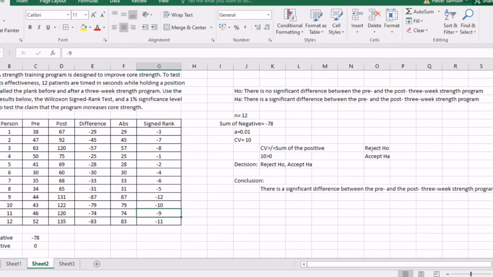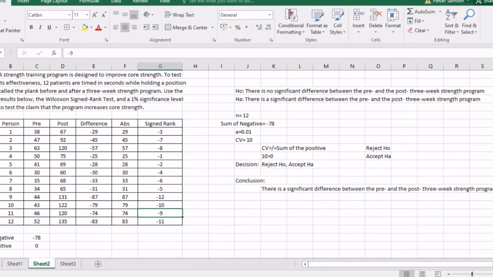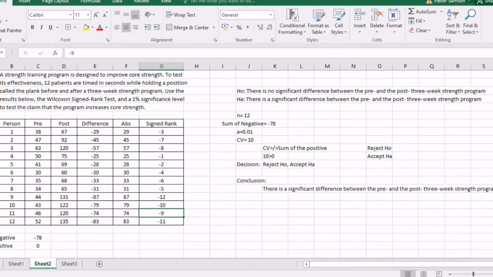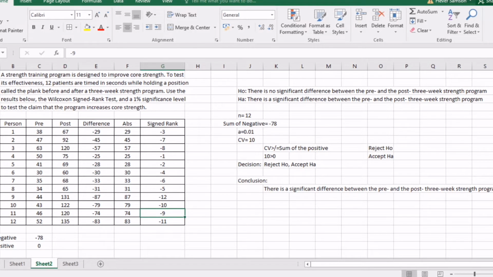So the negative signs are just removed. Since the number of seconds of planking naturally increases from before the program to after the 3-week strength program, the differences are all negative. From the absolute value, we removed the sign, so it became positive. Now, we will be ranking this.